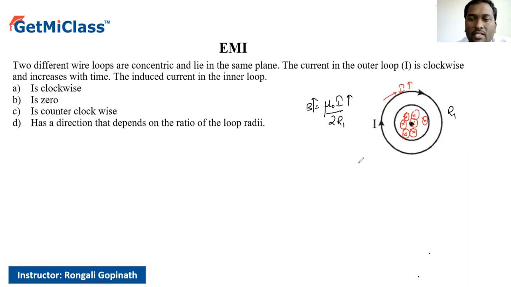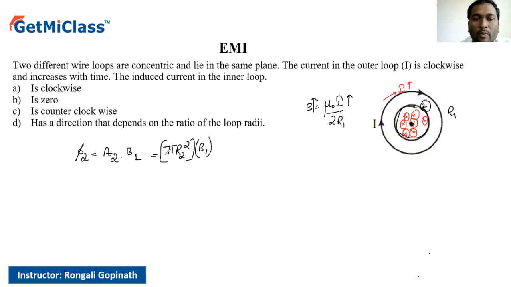Since the current is increasing, the magnetic field created by this loop also increases, right? This magnetic field is passing through the second loop. So the flux passing through the second loop is given by the area of the second loop times the magnetic field created by the first loop, that is pi R2 squared times B1, right?